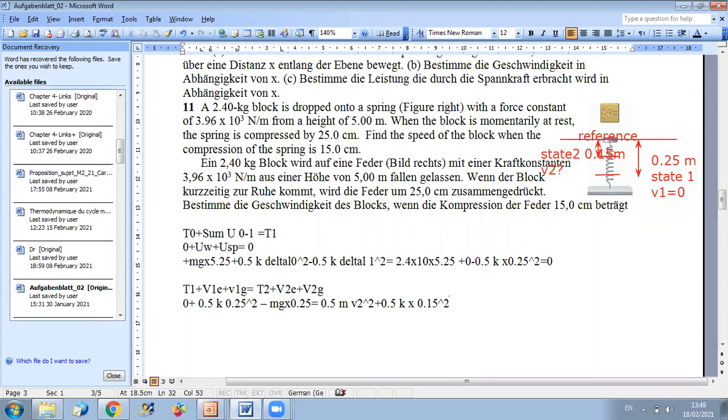Okay. And what is the gravitational potential at this state? It is minus mg times 0.15. In this equation, I have only one unknown, which is the velocity, v2. So I can get the value of v2. Okay?